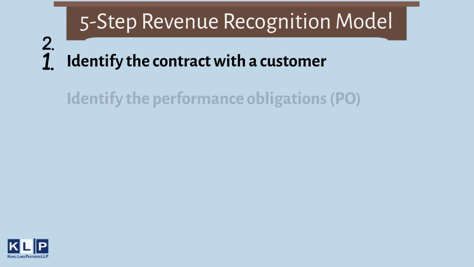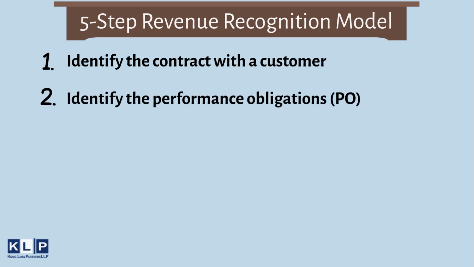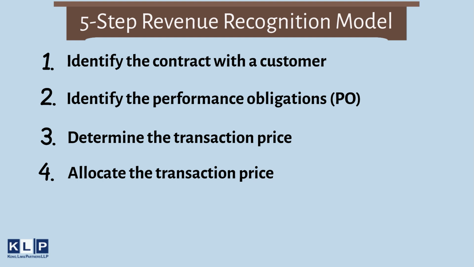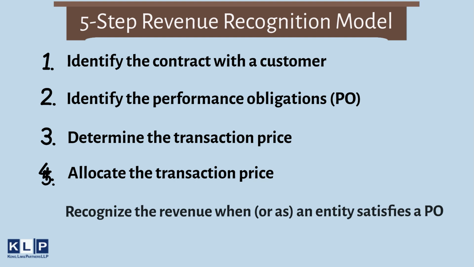Step 2 is to identify the performance obligations, or PO for short, in the contract. Step 3 is to determine the transaction price. Step 4 is to allocate the transaction price to the performance obligation in a contract. And step 5 is to recognize the revenue when or as an entity satisfies a performance obligation.